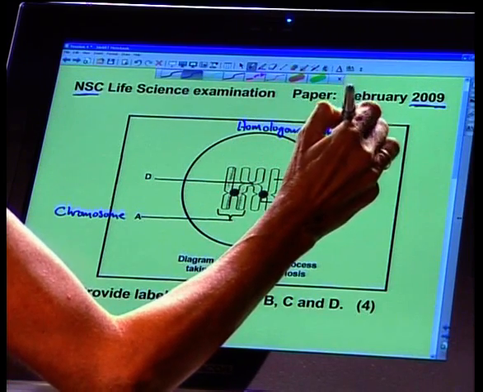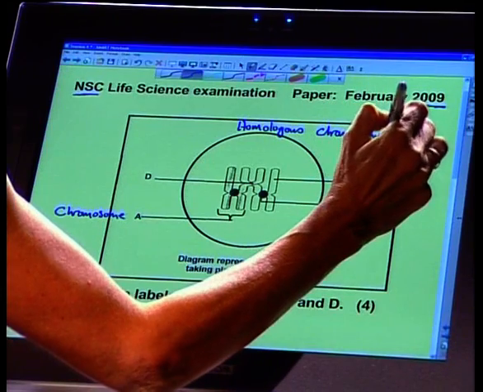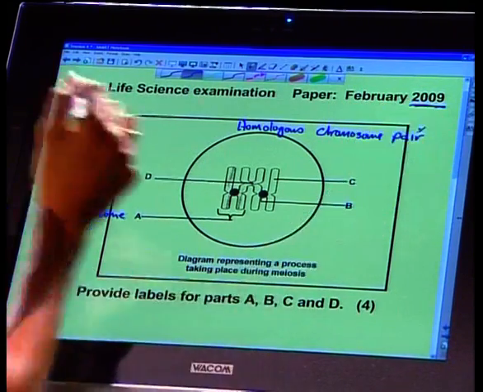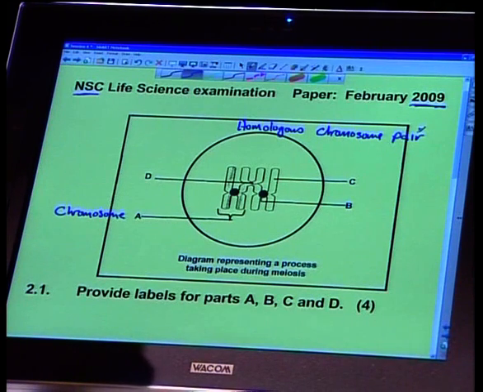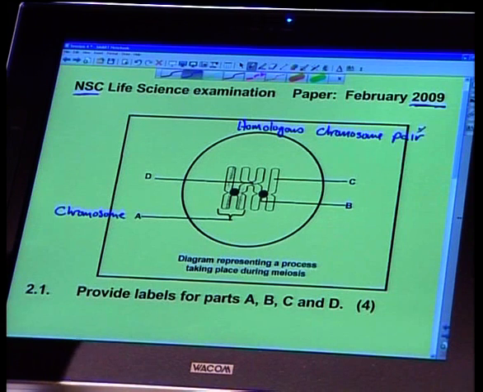chromosome pair. Now, just to refresh your memories, homologous means the same, so carrying the same characteristics. Let's say you have a chromosome from your mother that determines eye color, hair color and skin color. Then from your father, or the paternal side, remember maternal is mama, paternal is papa, and that's how you remember it.